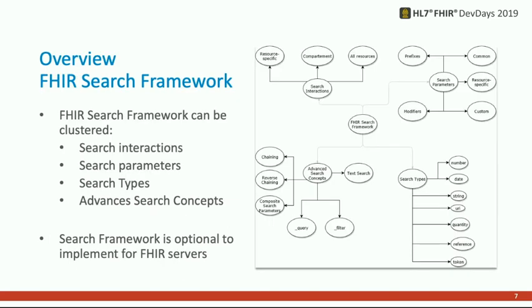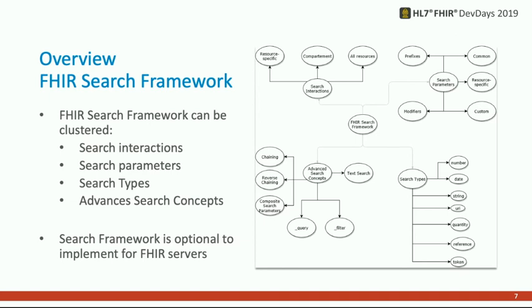Now, if you would go through the FHIR specification and try to come up with an overview with regard to searching, you could come up with a diagram which would maybe roughly look like that. And you don't need to understand all the details right now, but what I'm trying to convey is that it's highly structured.